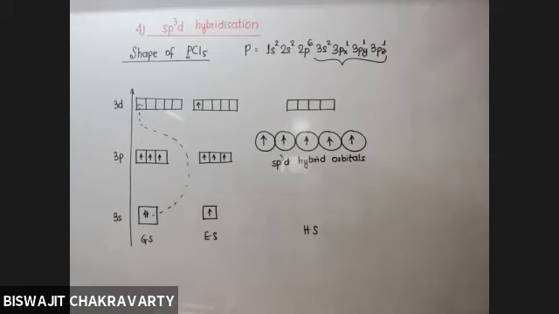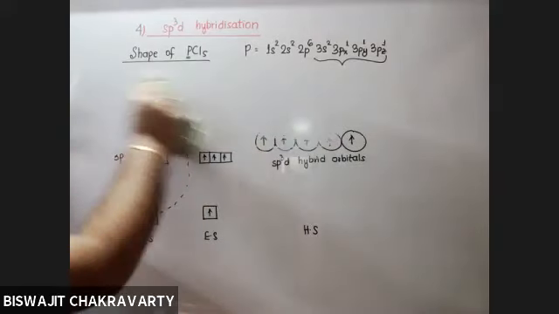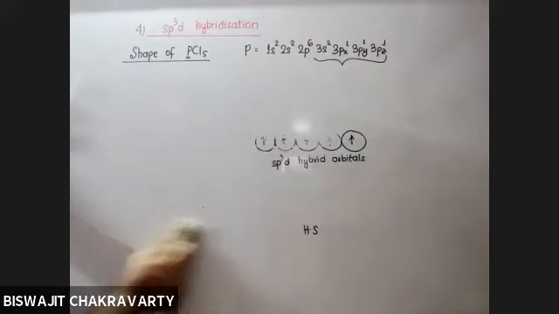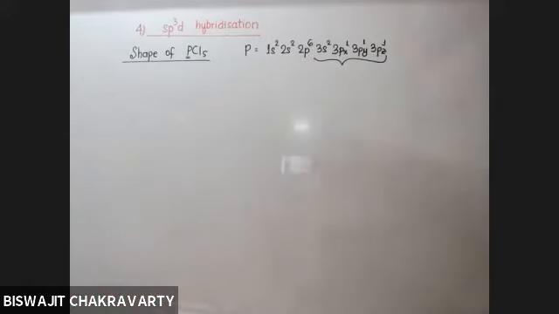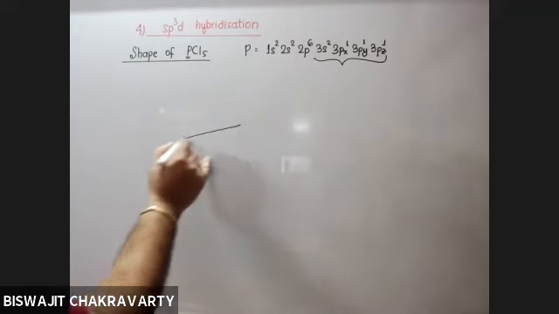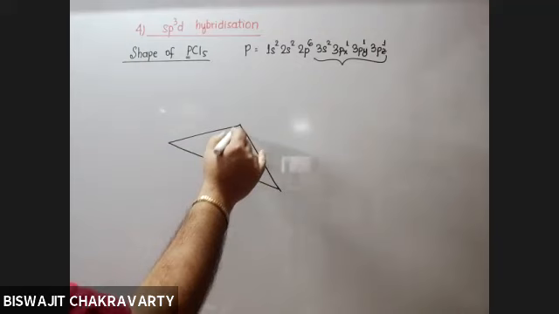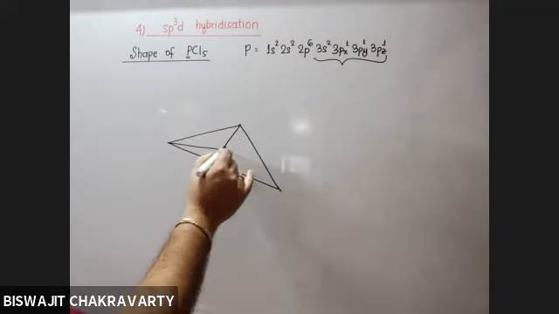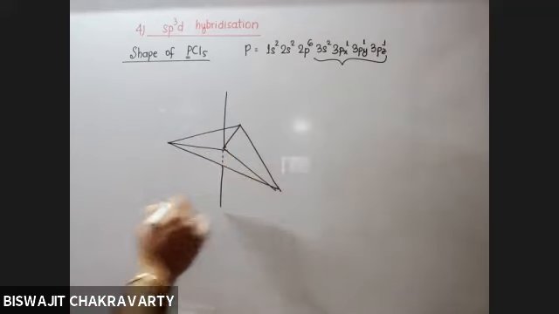Yes, can I proceed? Done? Yes, sir. Okay. So remember, we have 5 sp3d hybrid orbitals of phosphorus, all of which contain 1 unpaired electron each. We have already discussed that these 5 hybrid orbitals are going to arrange themselves in a trigonal bipyramidal shape.